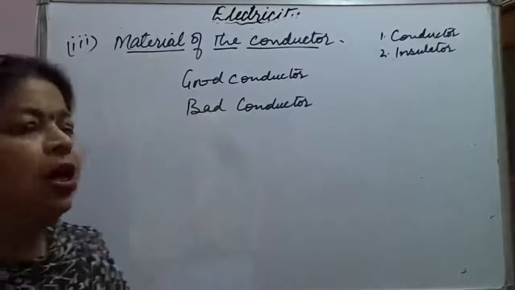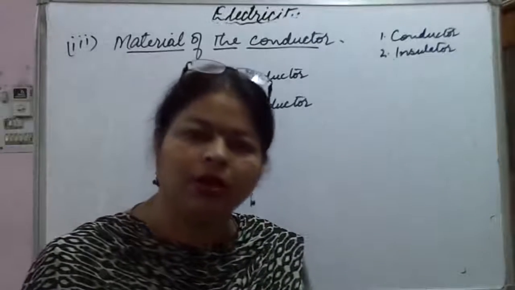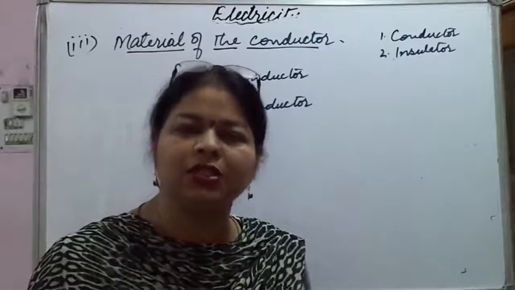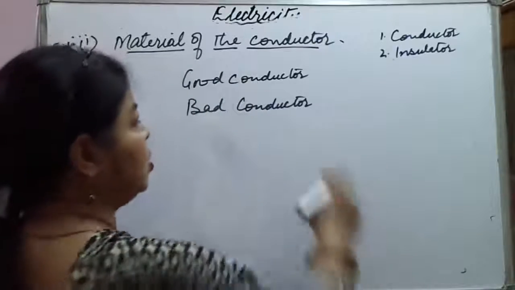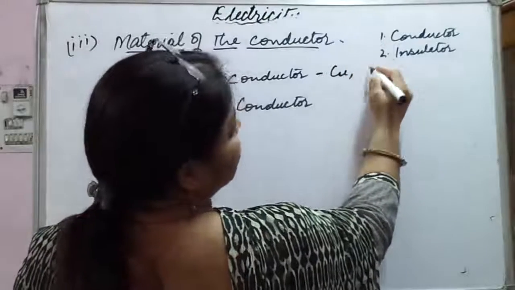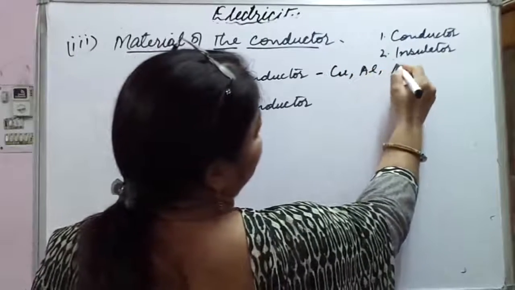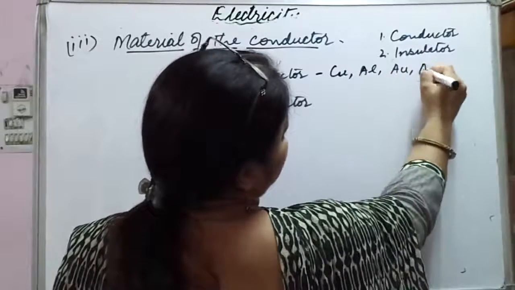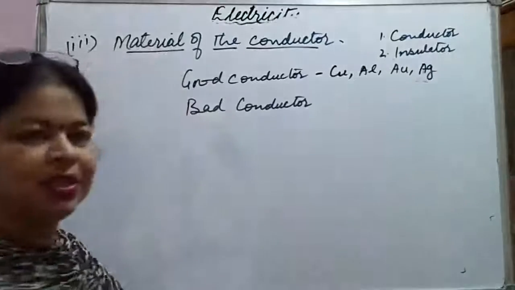A good conductor does not offer any kind of resistance. Good conductors are copper, aluminium, gold, and silver (Ag). These are the best conductors.